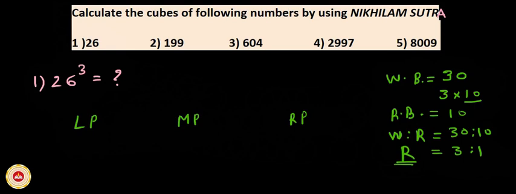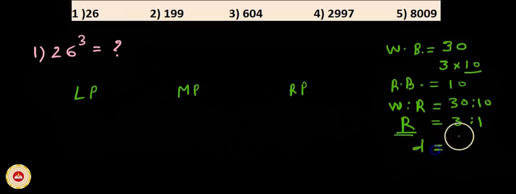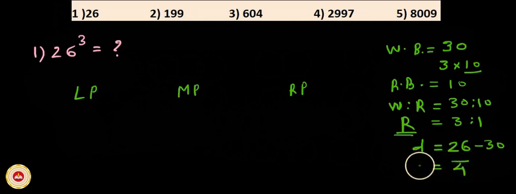Now what is deviation? Deviation is obtained by subtracting the nearest base from the given number. That means 26 minus 30 is equal to negative 4. This negative 4 is the deviation for this example.